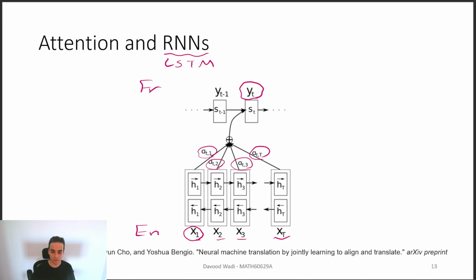So these are different weights that determine the amount of attention. If we want to pay some attention to the first word, a lot of attention to the second word, and no attention to the other words, the model will learn how much attention it should pay.